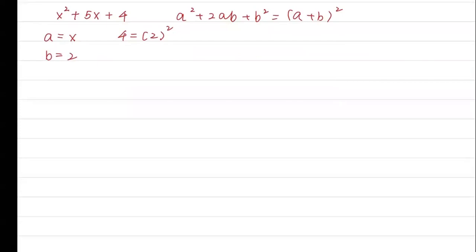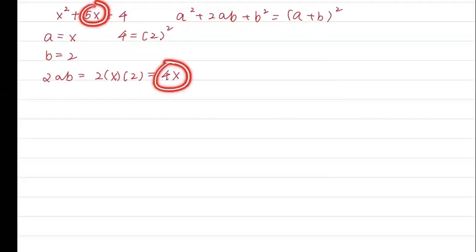So 2ab, if a and b are x and 2, then 2ab should be equal to 2 times x times 2, which is 4x. 4x and 5x are not equal.